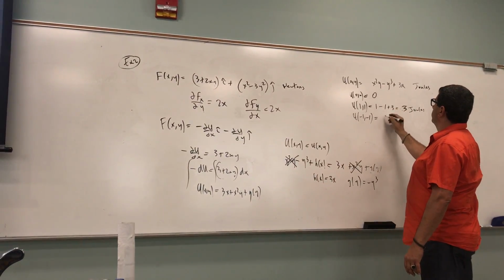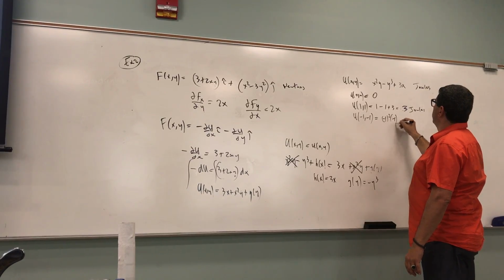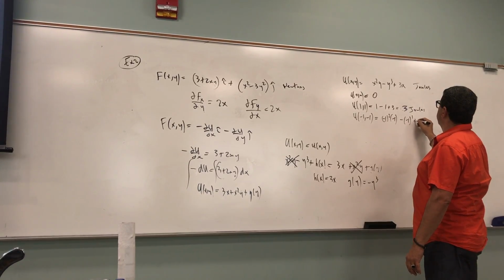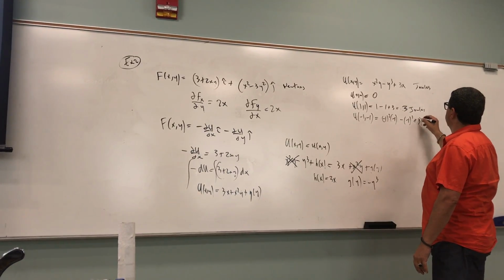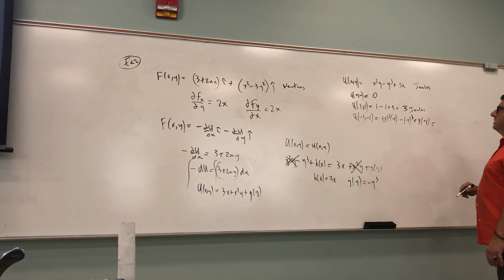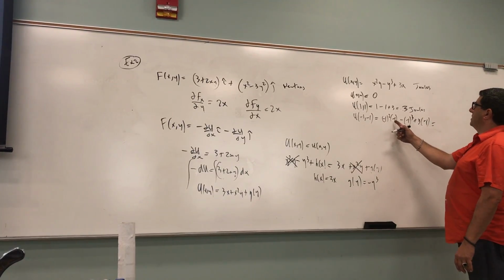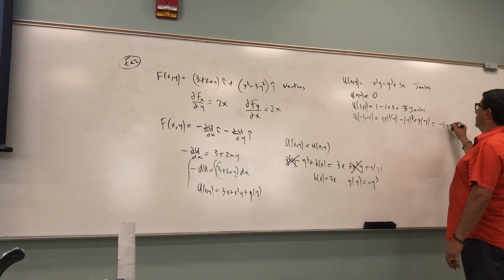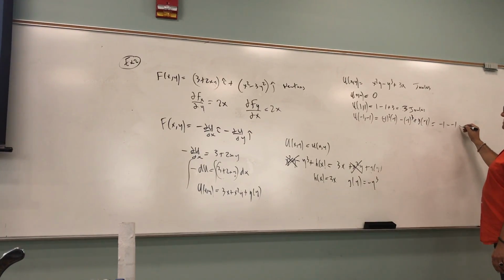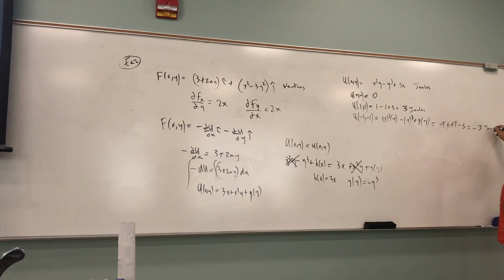That would be -1 squared times -1 minus -1 cubed plus 3 times -1. What would that be? -1 minus -1 cubed is -1, -3. That would cancel. -3 joules. Oh, that means -1, -1 has even lower energy than 0, 0, right?